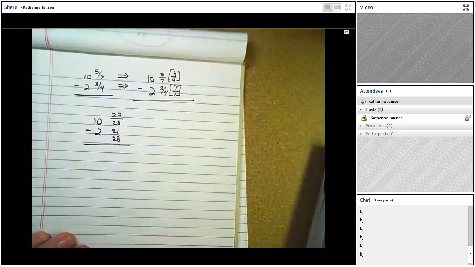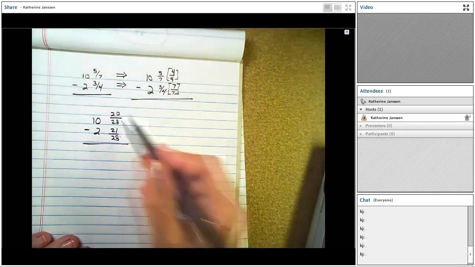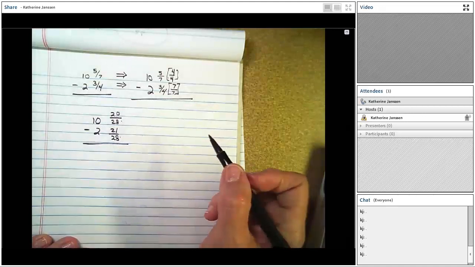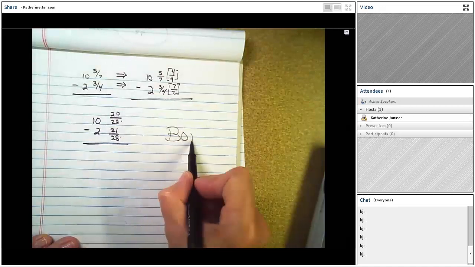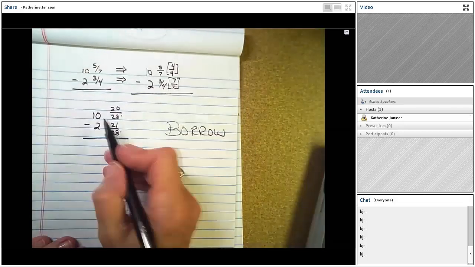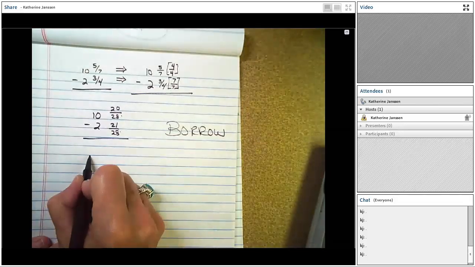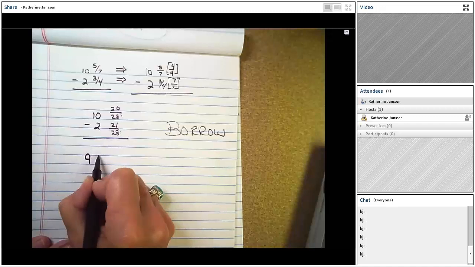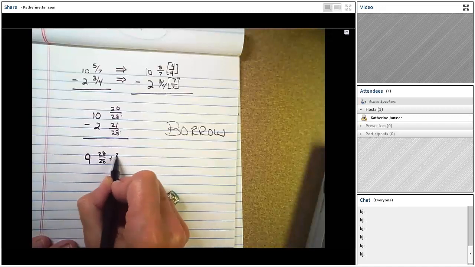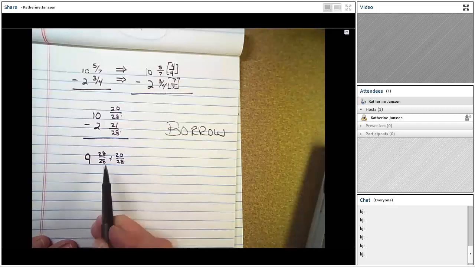I'm ready to subtract. I have a least common denominator, but I cannot subtract 21 from 20. So I'm going to need to borrow. And to borrow, we borrow from 10. So we borrow 1 from 10, and we'll get 28/28 plus 20/28. 1 is 28 over 28, another name for 1, so 10 becomes 9 plus 1.